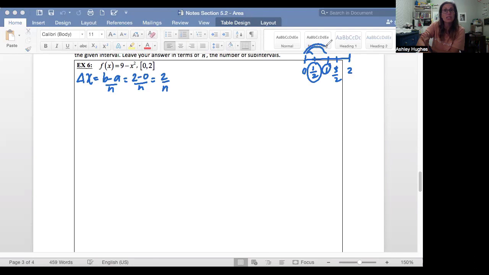Then we added 3 delta x to get the third term. Then we added 4 delta x to get the fourth term. So you're always adding delta x times the interval you're on. Delta x times i, because this was the first one, the second one, the third one, the fourth one, your interval.